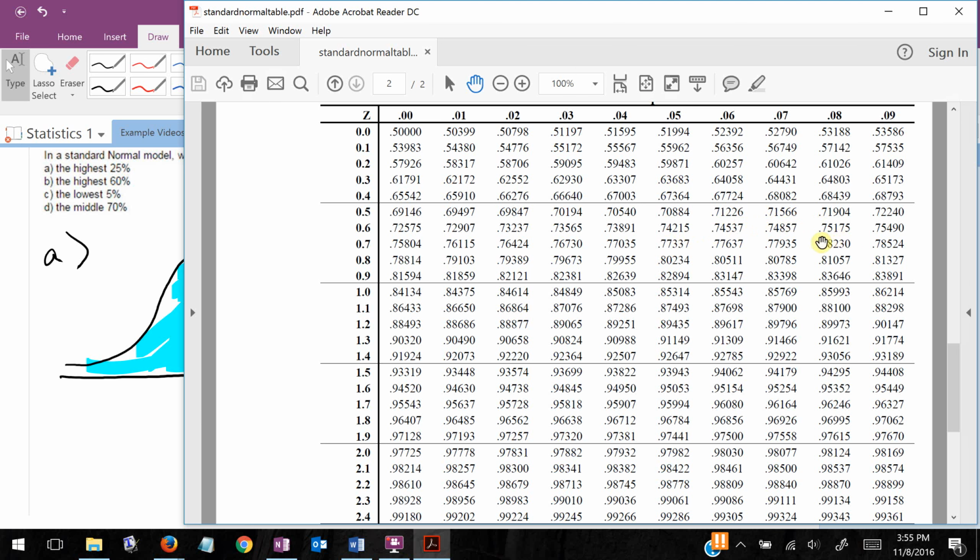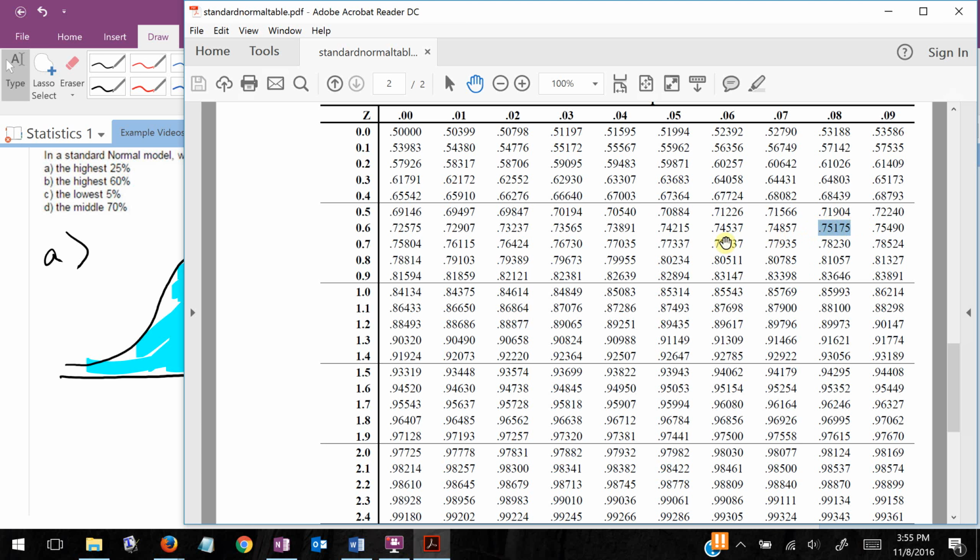Ooh, that's pretty good. You might ask yourself, should I use 0.748 or 0.751? Always pick the one that is closer. Since this is 1/1000ths off versus 2/1000ths off, this one's going to be closer. So I'm going to be using this probability.